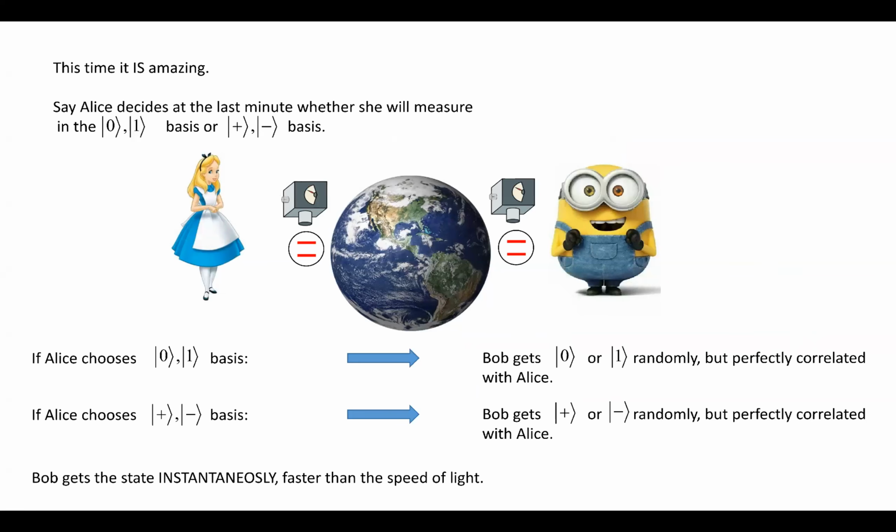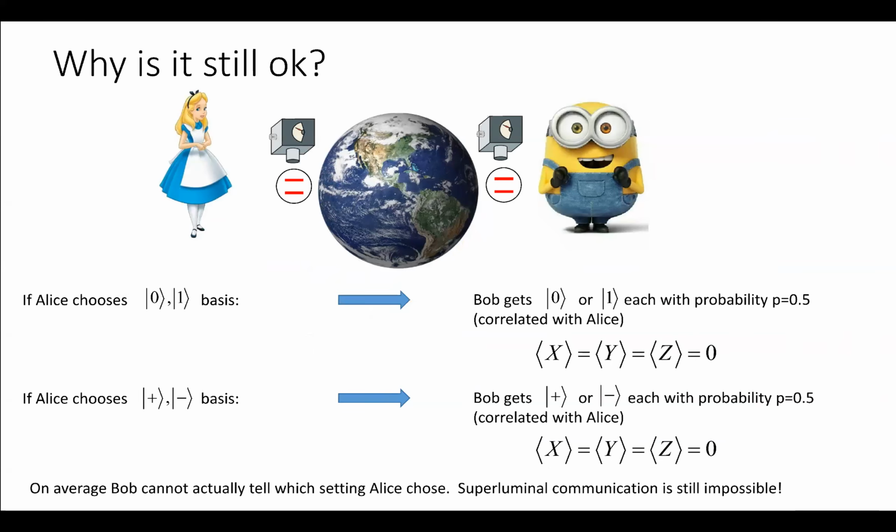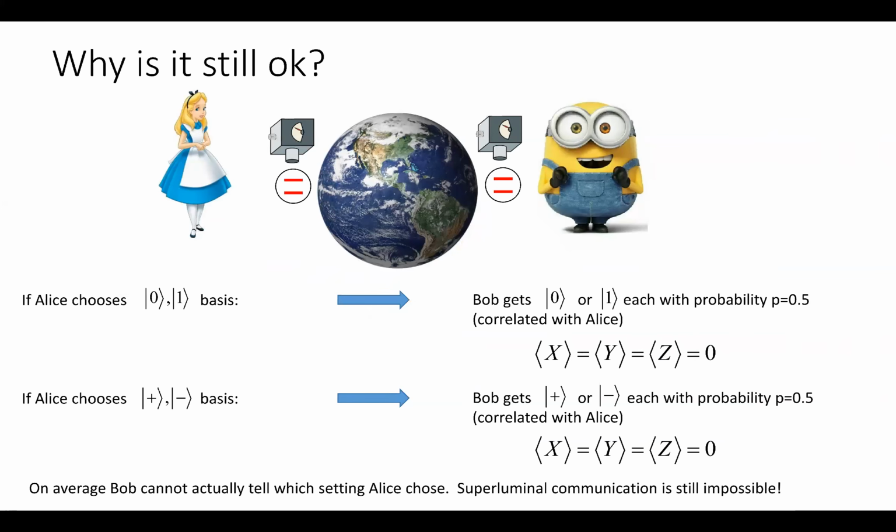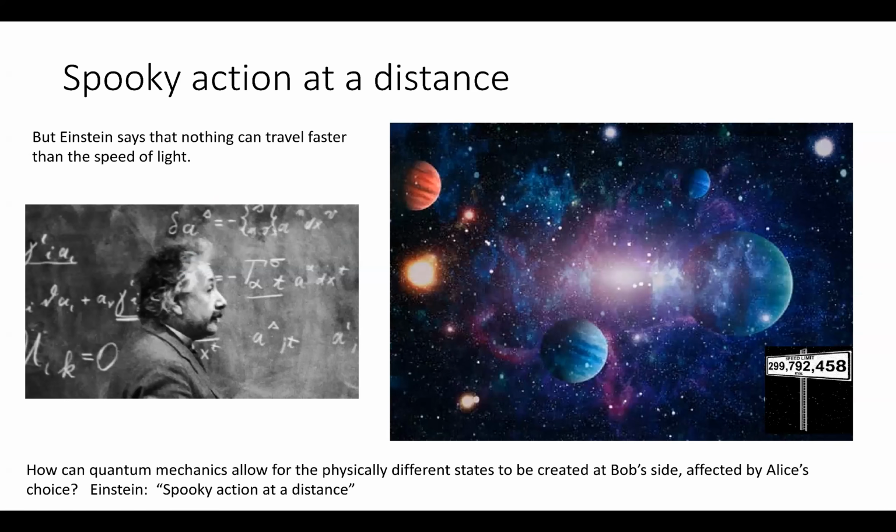This is definitely a very weird aspect of quantum mechanics, and it kind of looks like you can do something very useful, so-called superluminal communication, meaning faster than the speed of light.